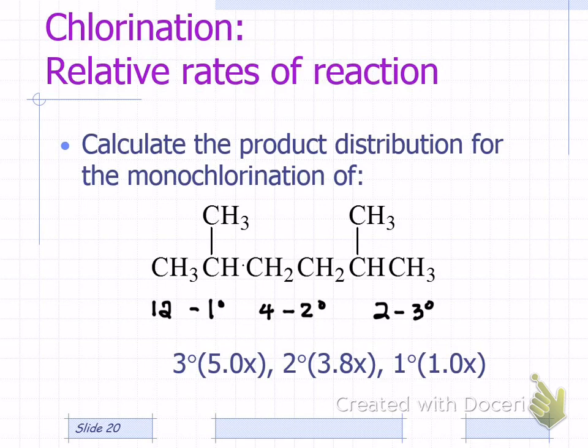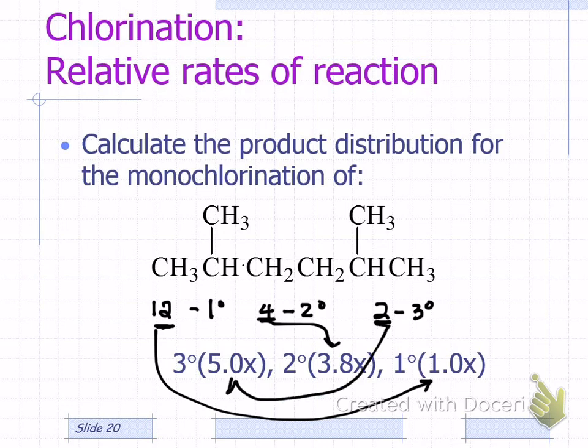And you end up multiplying 12 times that, and then 4 times that, and then 2 times that. And then adding all that together, you think of that as the total cumulative probability of that whole thing. That's the 100%.